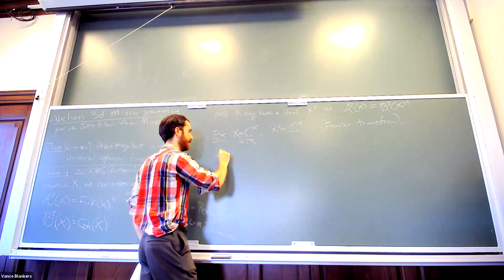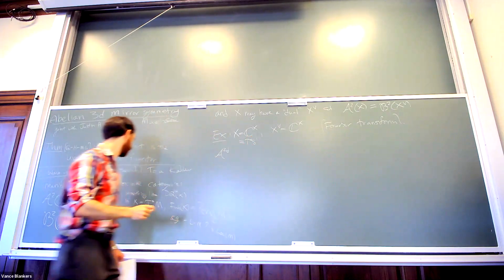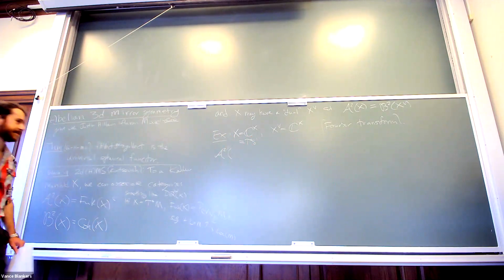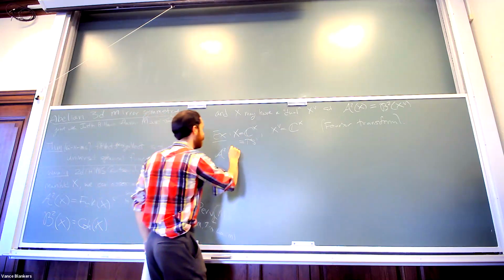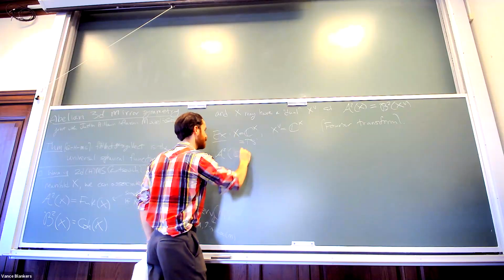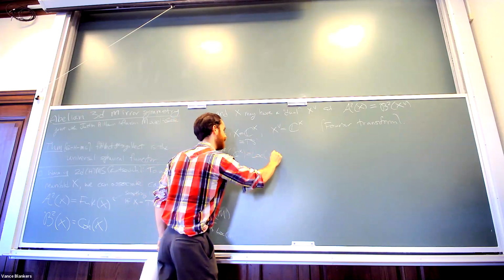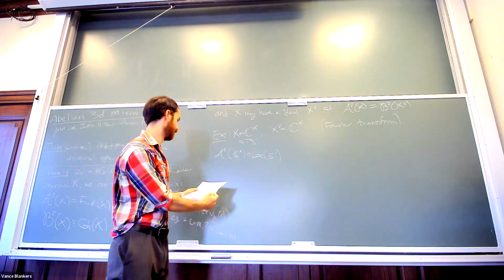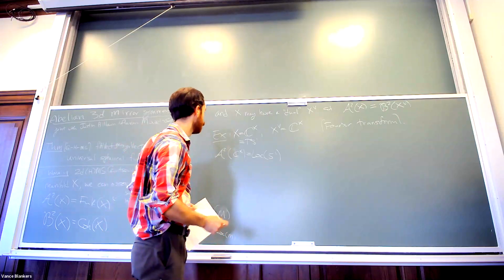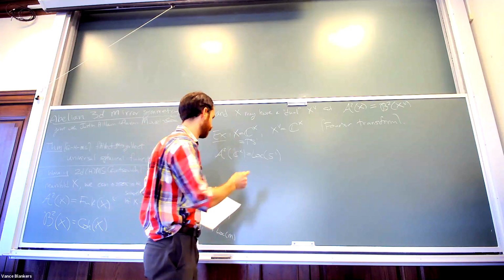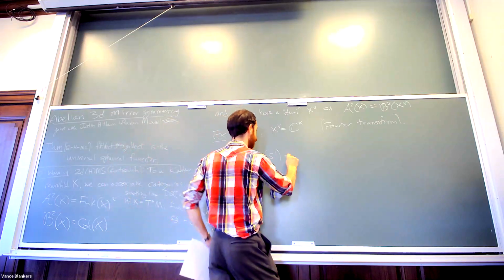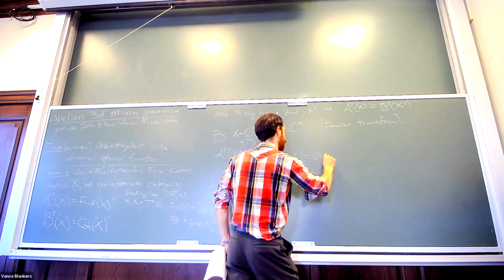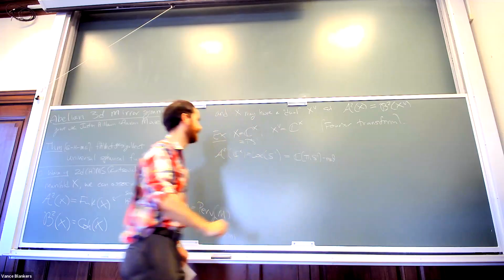So I see that my A category, which I call A2 of X, where the 2 stands for 2D mirror symmetry, I'm not explaining what that means, this A2 of C star is the category of local systems on S1. And this is, of course, modules over the group ring of S1, right?